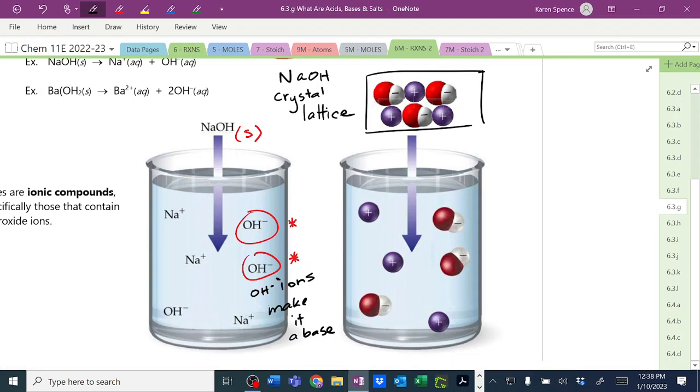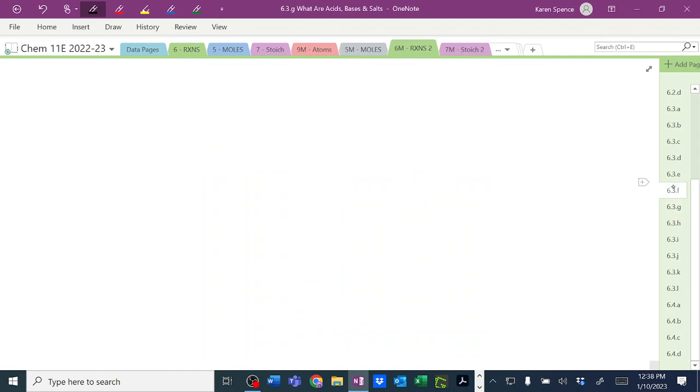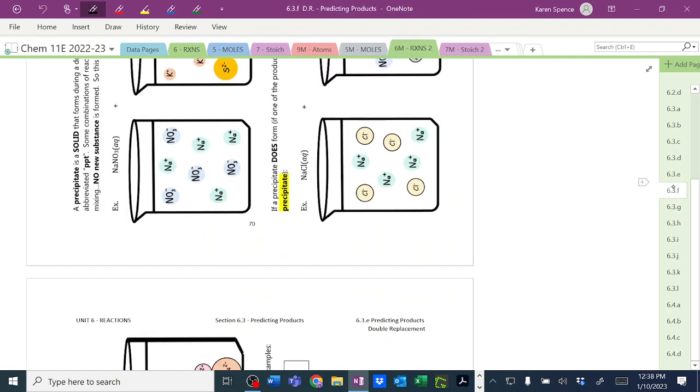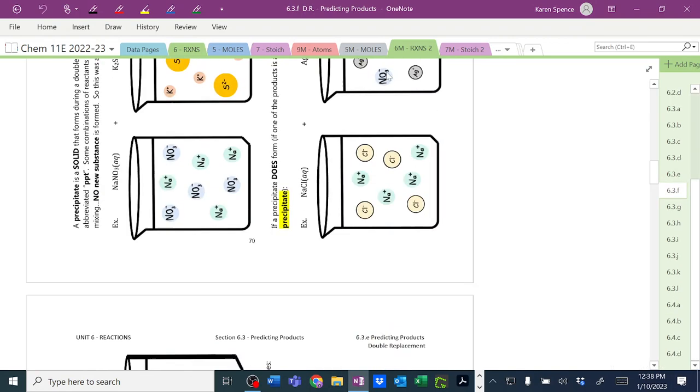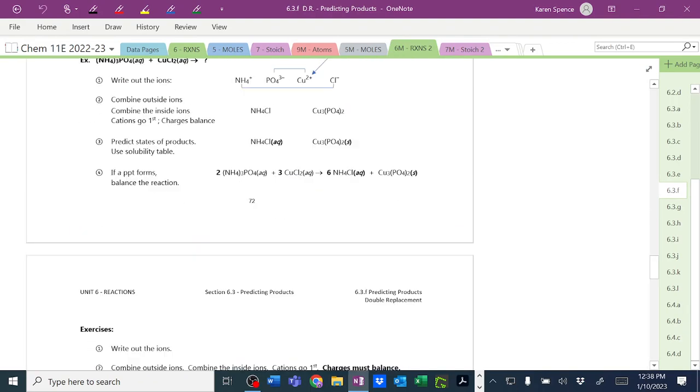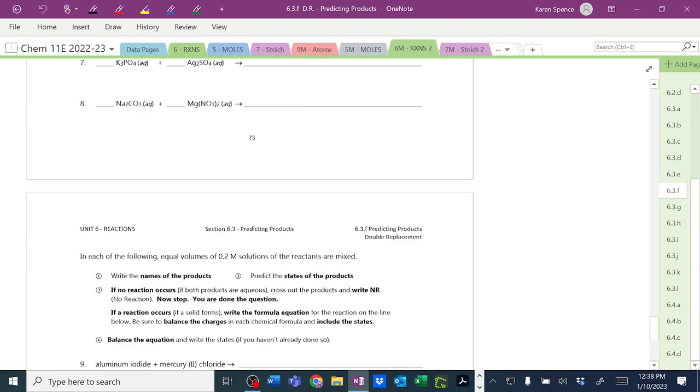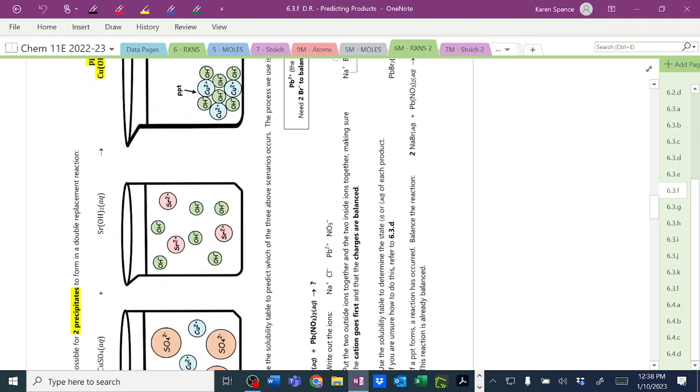Does this seem familiar, like something we might have done last day? Let's pop back for a moment and take a look at the double replacement. So we had these pictures.